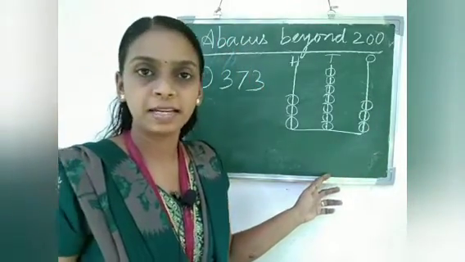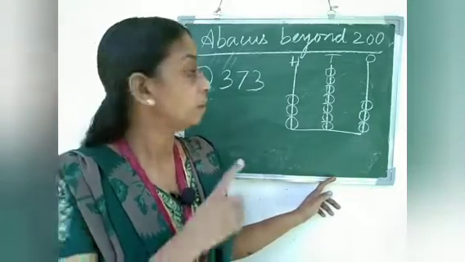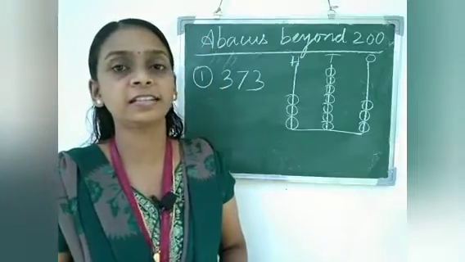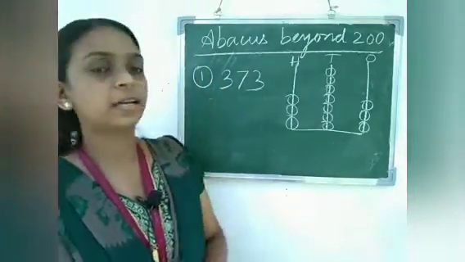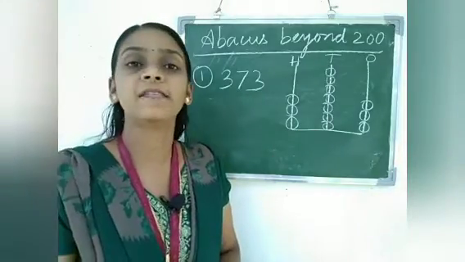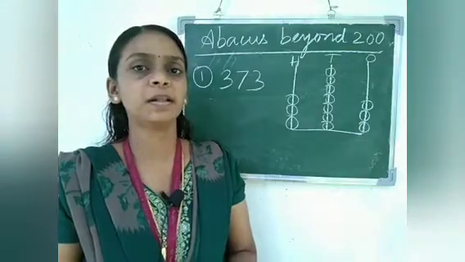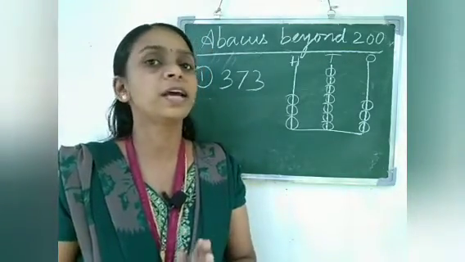So we represented a 3-digit number beyond 200, that is 373, on an abacus. It is very simple. We already studied how to represent a 3-digit number on an abacus.